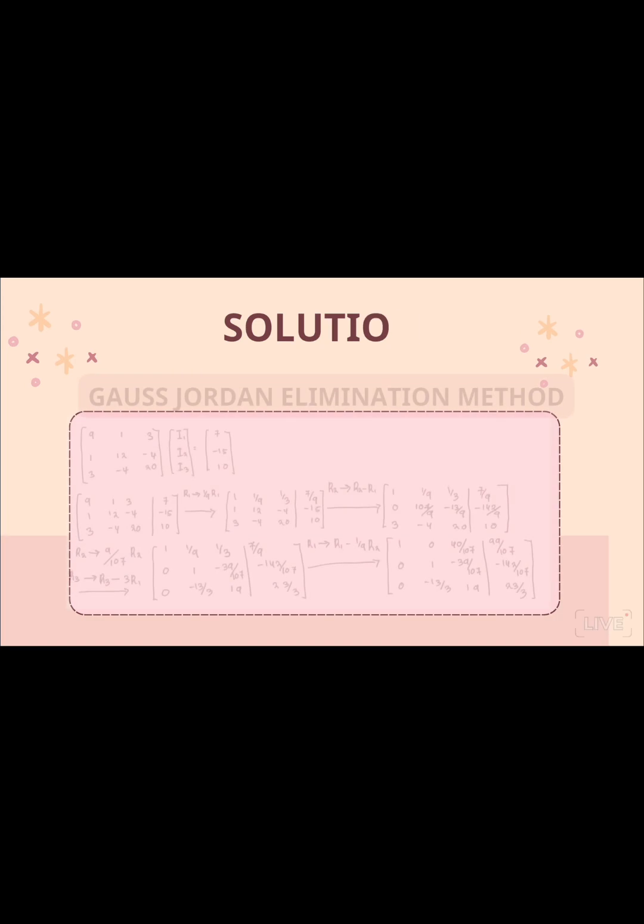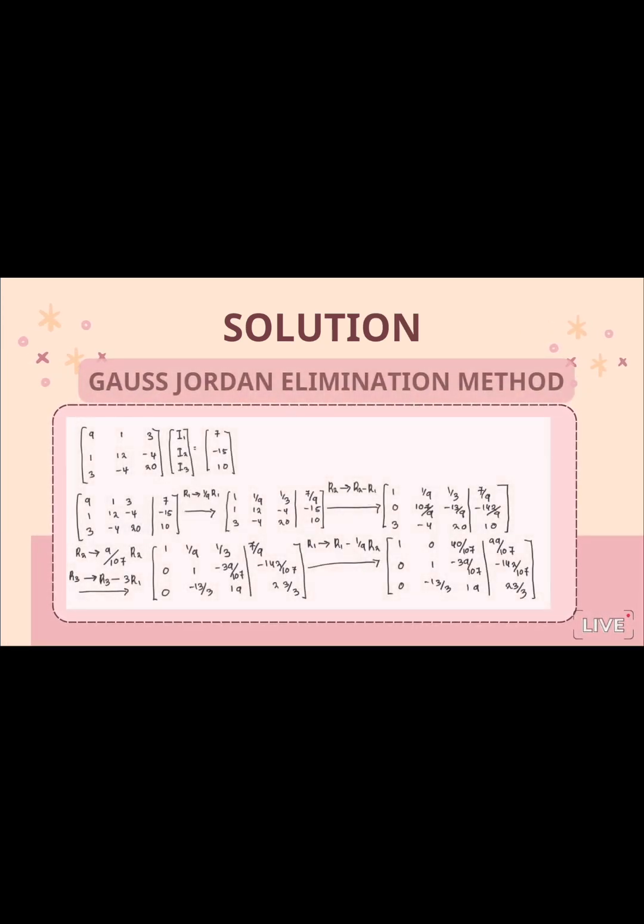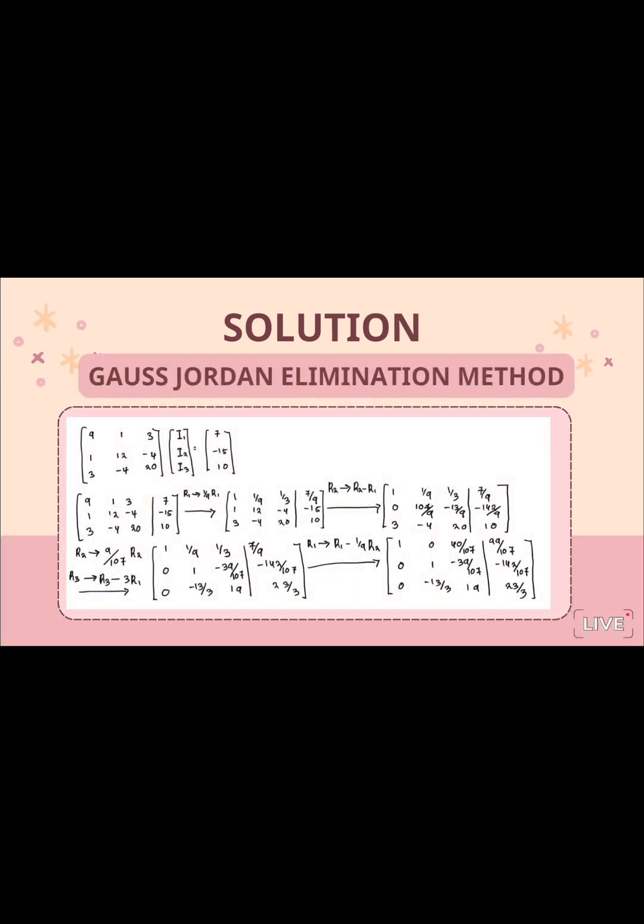After that, to solve the problem, we use the Gauss-Jordan elimination method. In detail, we transform the 3 equations into an augmented matrix. We should make the matrix into reduced row echelon form, RRE. After that, we multiply the first row by 1 over 9.